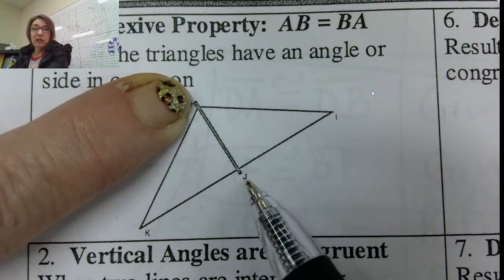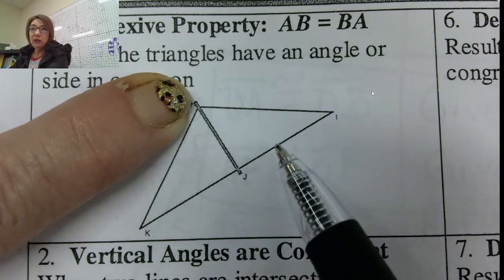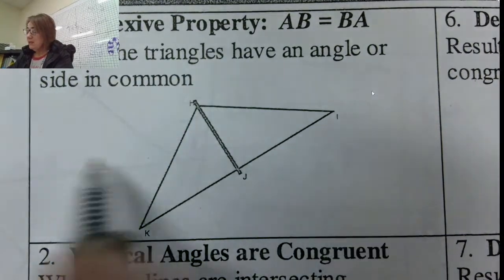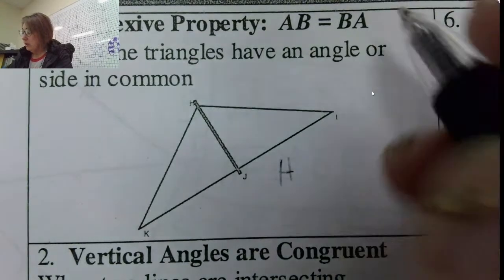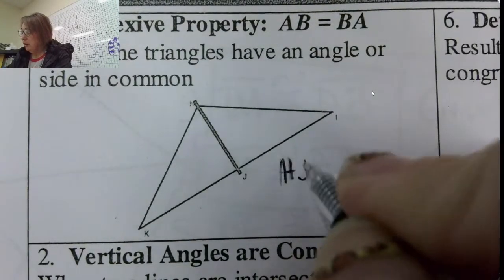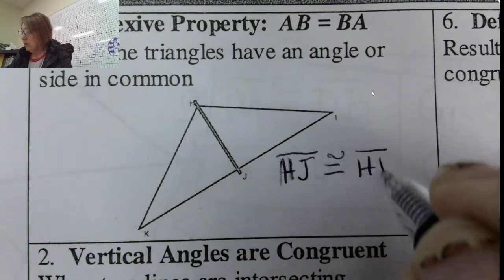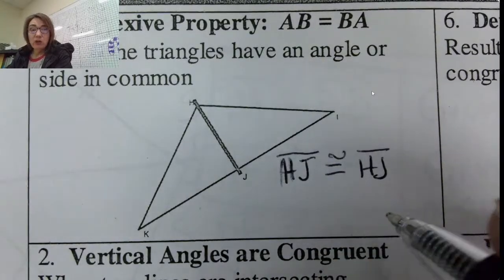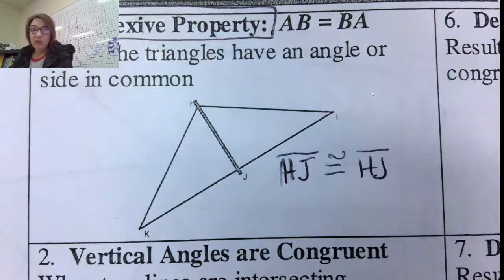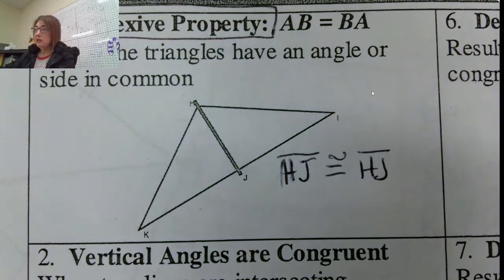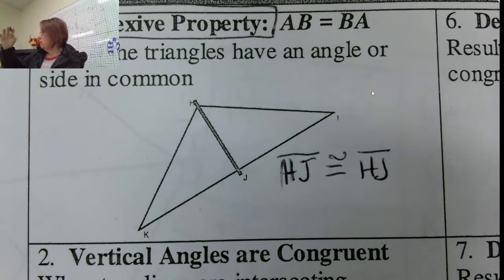HJ is in both of them. So we could say, I know this sounds redundant, HJ is congruent to HJ. And what's our reason? Our reason is the reflexive property, because it's the same in both. It's a reflection from one to the other.